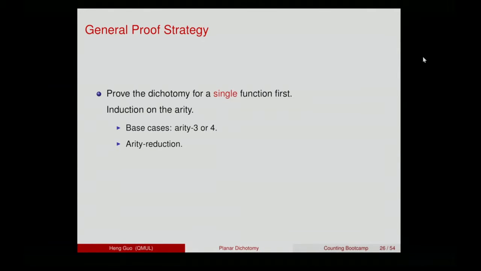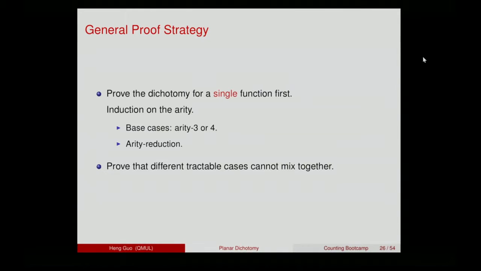Induction has two steps: we consider a base case, and we consider an arity reduction procedure. Usually, this reduction is easier to do down to arity 2. So we have two base cases, arity 3 and 4. Once we have a single-function dichotomy, we want to show that different tractable cases cannot mix together. If we mix them, they become hard.